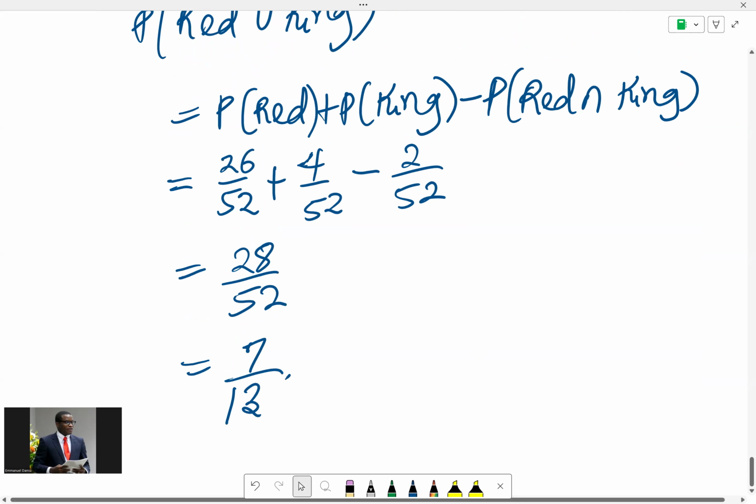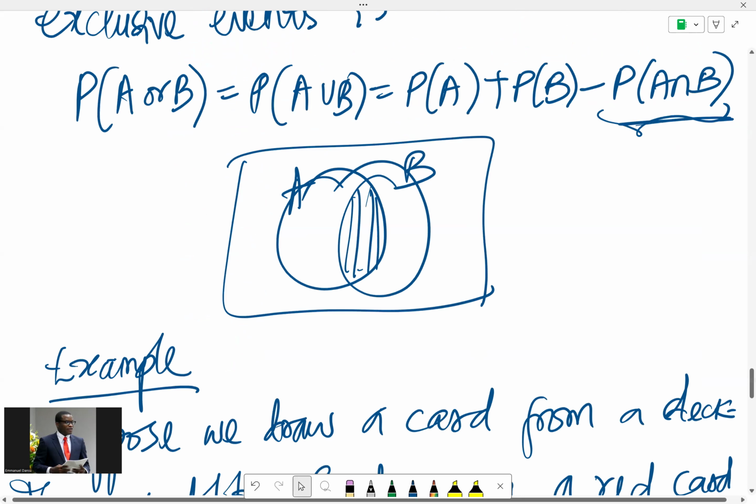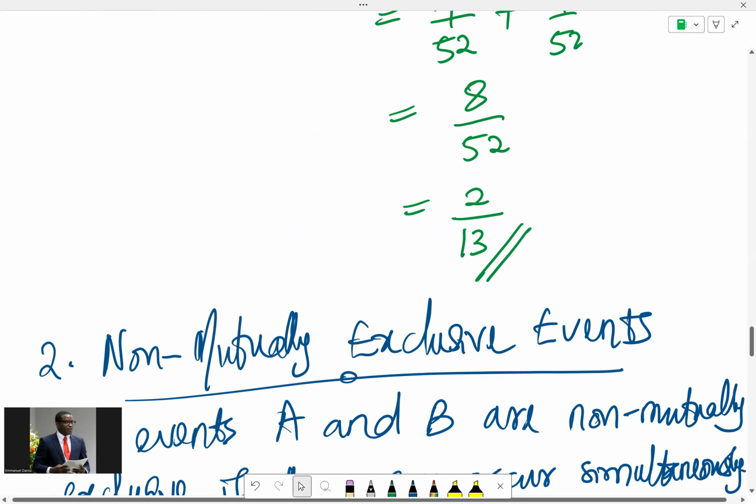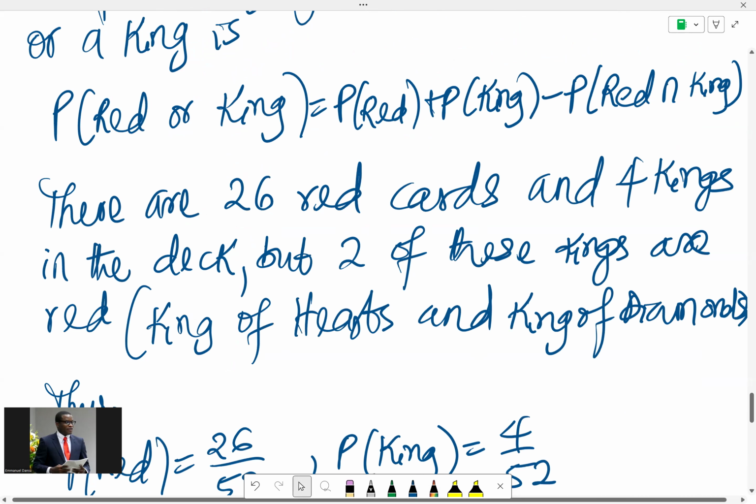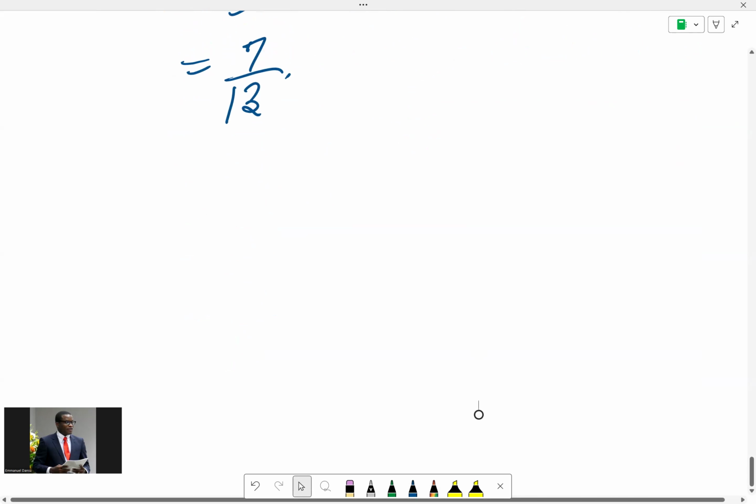Multiplication rule. That's the third key aspect.